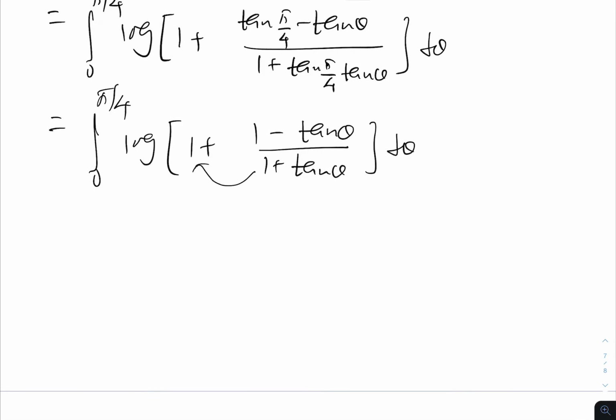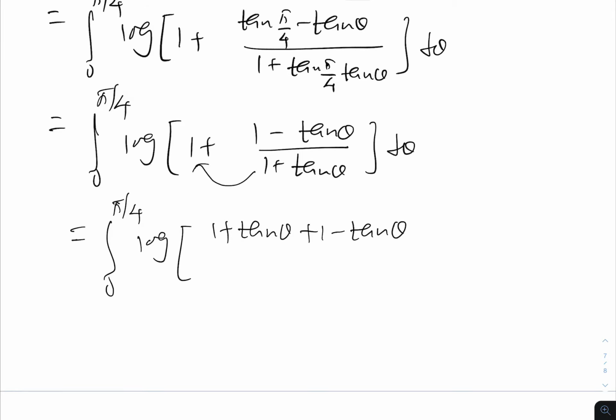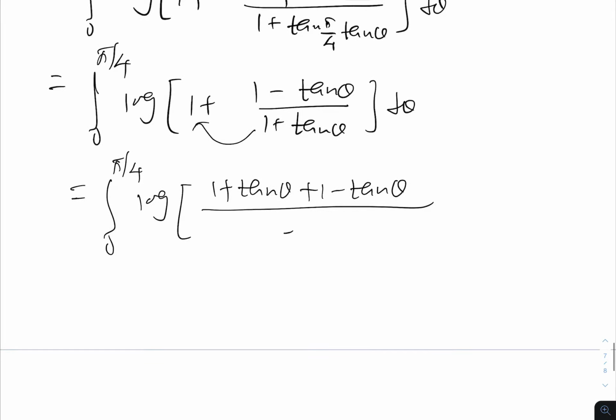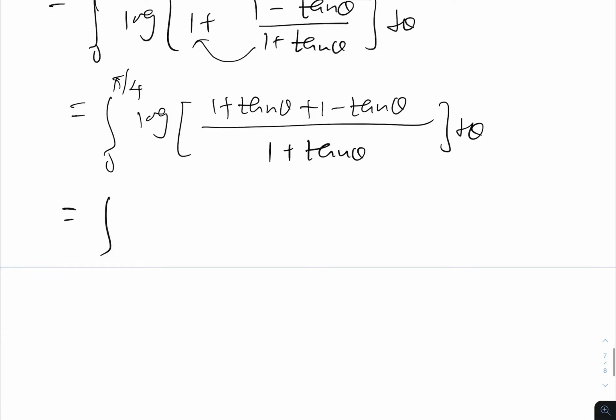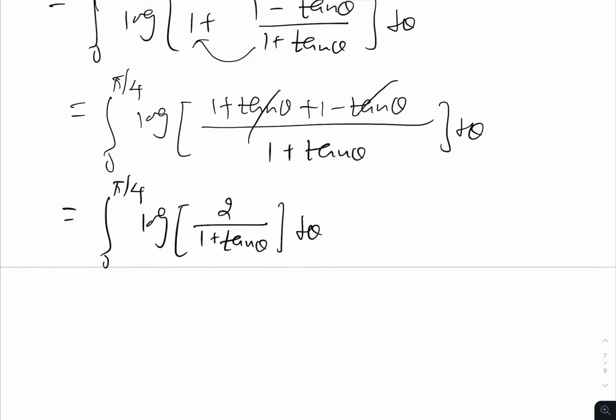Let us take this: integration 0 to pi by 4 log of (1 plus tan theta plus 1 minus tan theta) over (1 plus tan theta) d theta, and so this is 0 to pi by 4 log of, the tan theta cancels, 2 over 1 plus tan theta d theta.